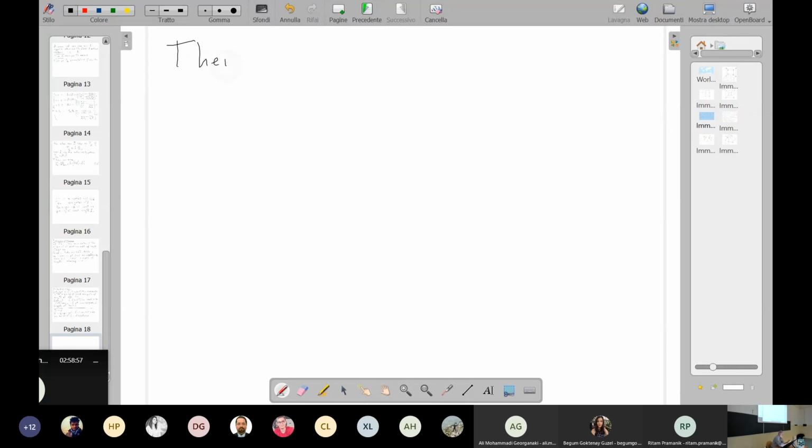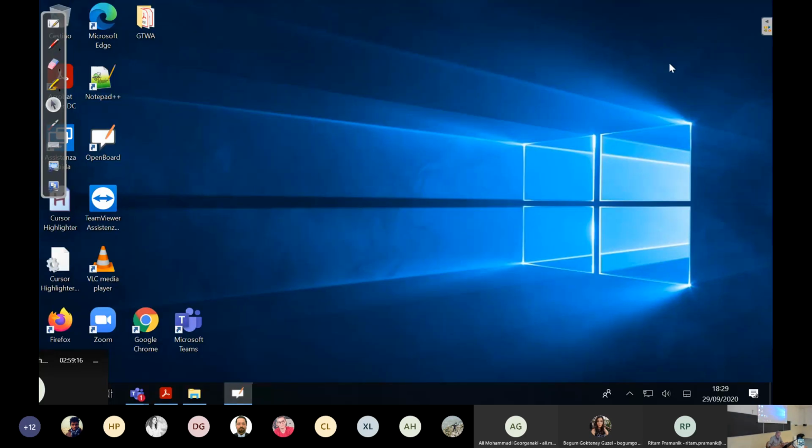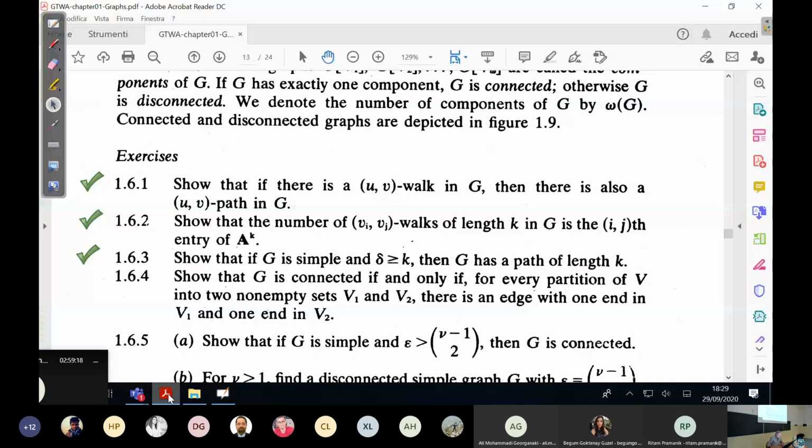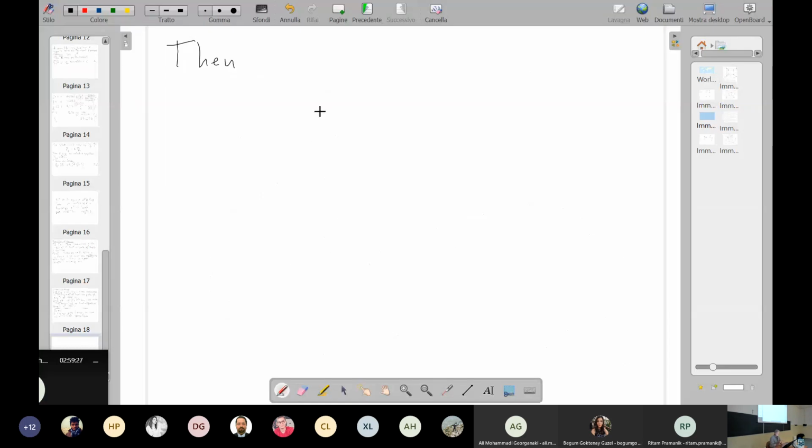Then, now I would need, sorry, let me see whether the original thing was for, yes, a simple graph, so no loops, okay? A simple graph. So we have no loops.